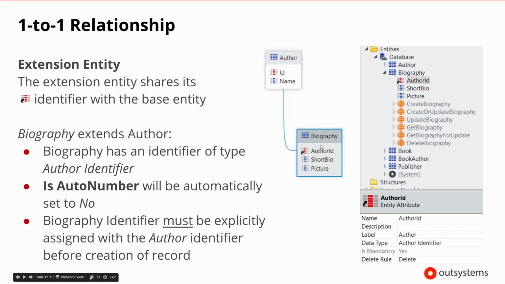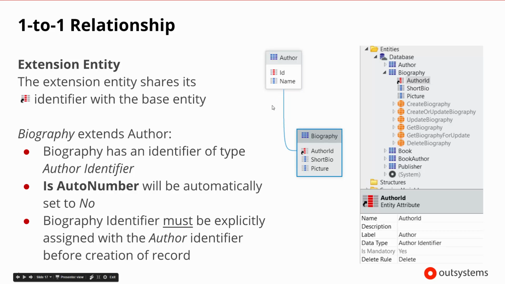When we go to create the biography, which may be their picture and more information about them, if we change the identifier of the biography to be the same identifier as the author, so we actually say we want to use the author ID as our ID for the biography, then what we've done is we've created a one-to-one relationship. These two entities are sharing the same identifier, and sometimes the biography entity is referred to as an extension entity. So the author is the original entity, and biography is extending it and adding these extra attributes to that entity.